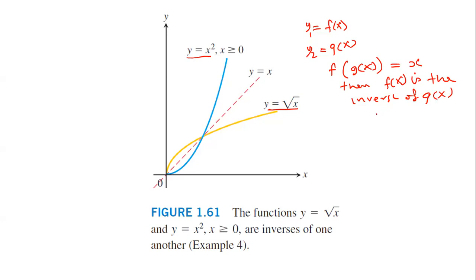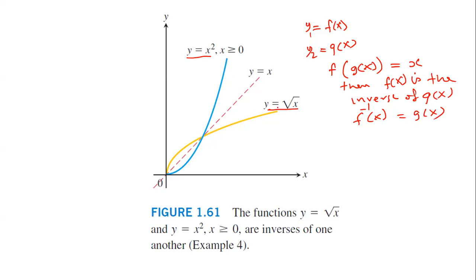What does it mean? That means f of x, or f prime of x, is equal to g of x. This means the inverse of f of x, we call it g of x.